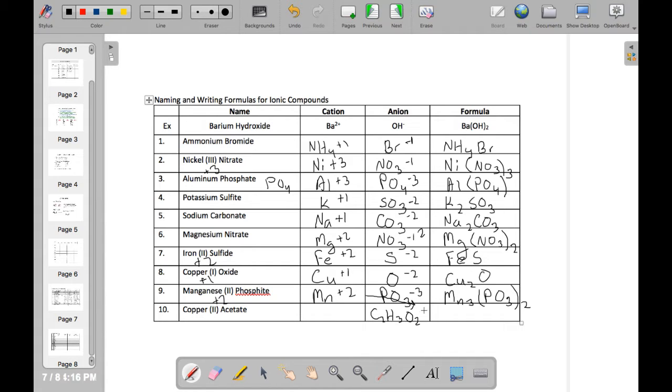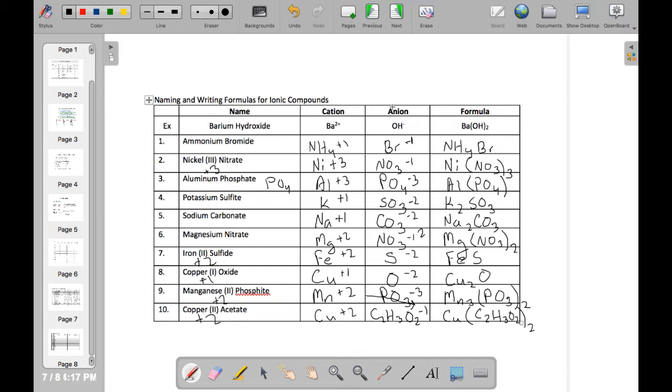C2H3O2. Note it's a -1 charge. Well, I already know this copper is a +2 because it's copper 2. Well, I'm going to need 2 of these acetates apparently. So put my copper, put my acetate, C2H3O2, 2. All right, no problem.